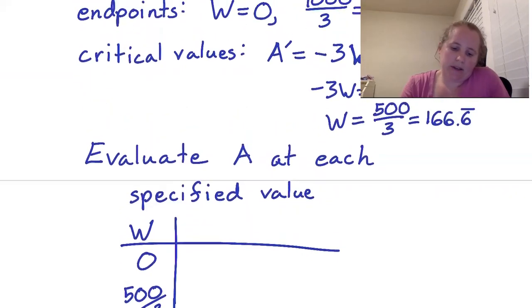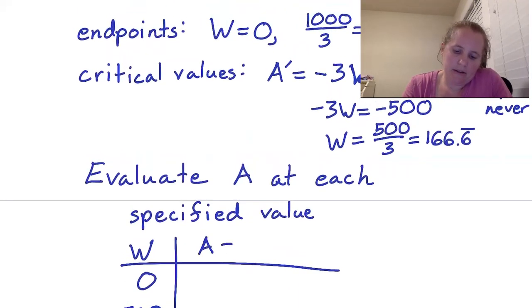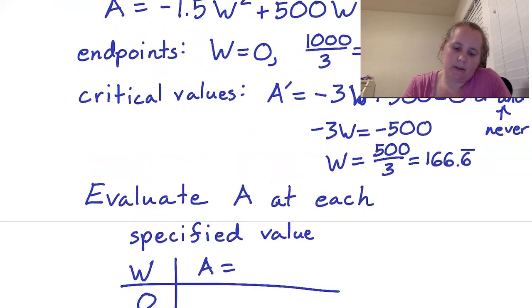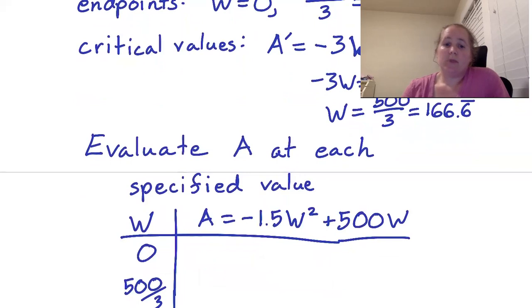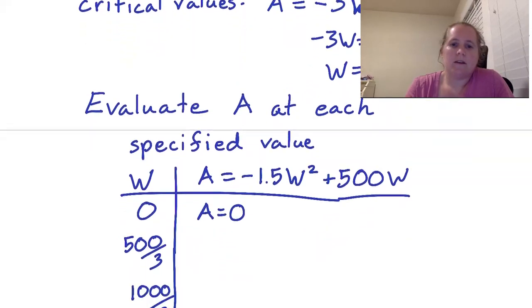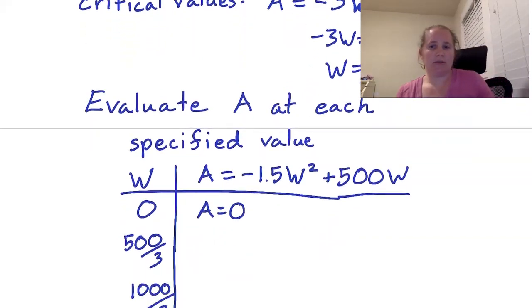And then we want to find A, which is equal to negative 1.5 W squared plus 500 W. So if we plug in 0, that's very clear that A is equal to 0. If we plug in 500 thirds, we need to do a little evaluation here.